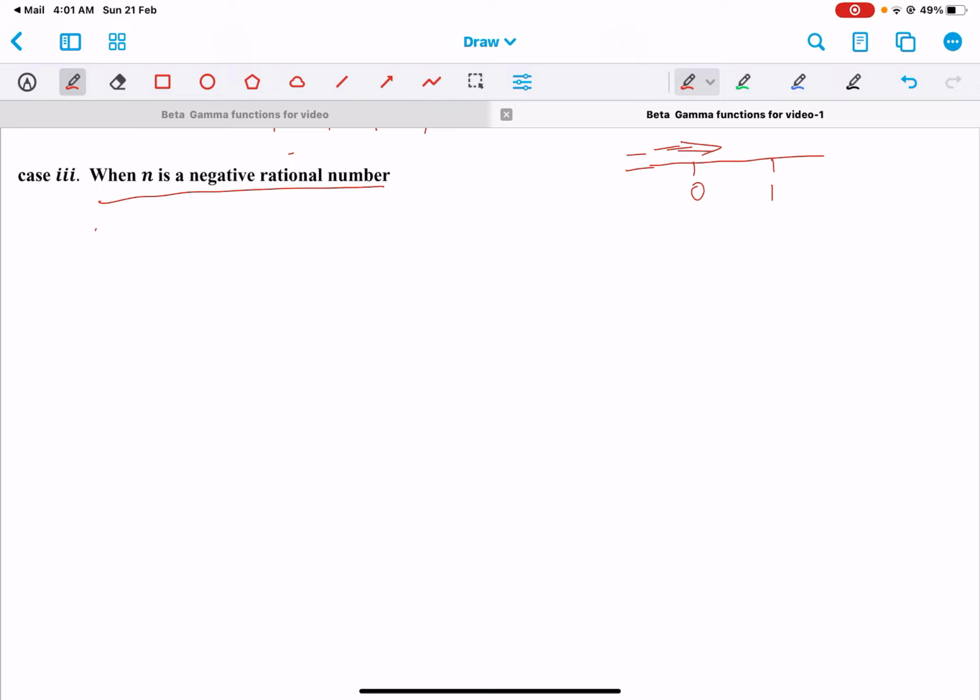So I am rewriting this reduction formula in this form. I'll be increasing it again till I reach this interval. So I may rewrite it like this: I'm multiplying and dividing by n plus 1.